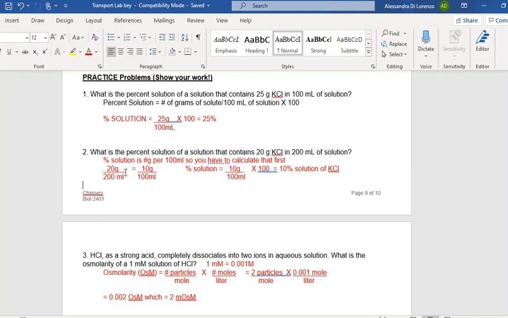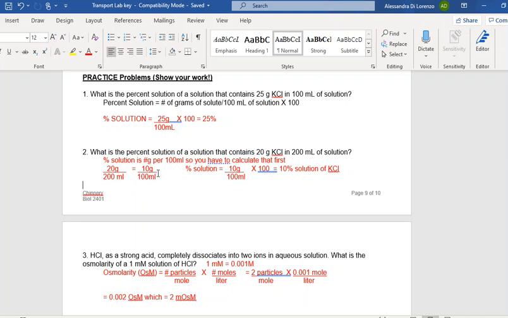What you can do is first calculate the ratio, where 20 grams in 200 ml, as you learned in school when you simplify a fraction, becomes 10 over 100.